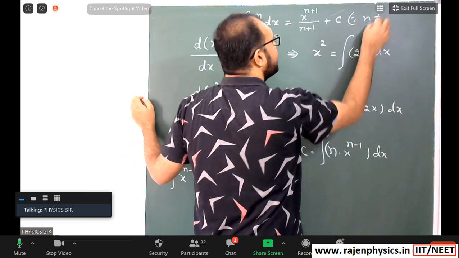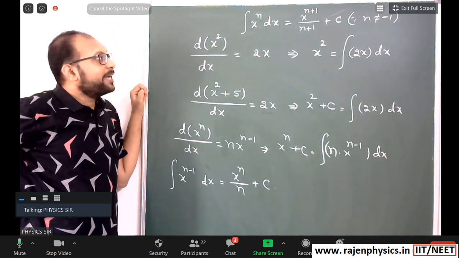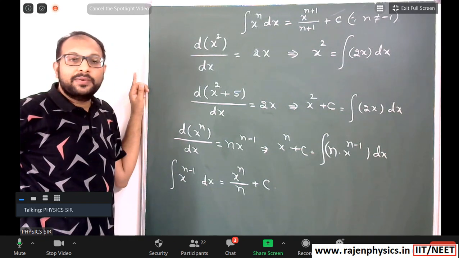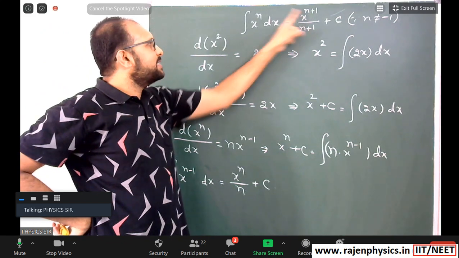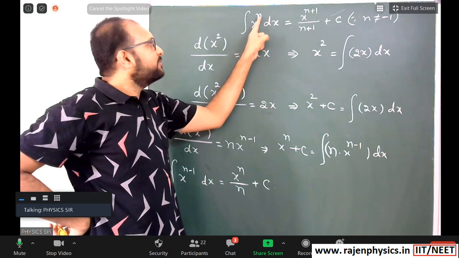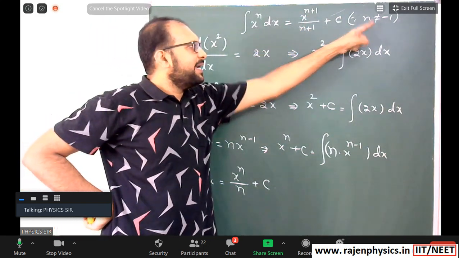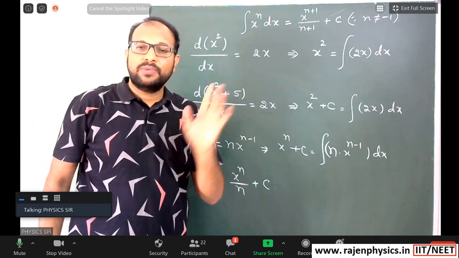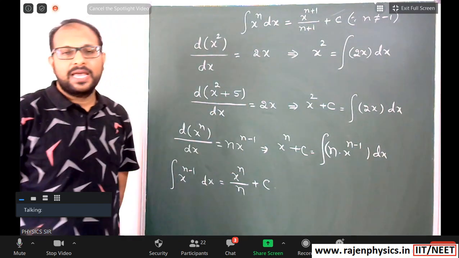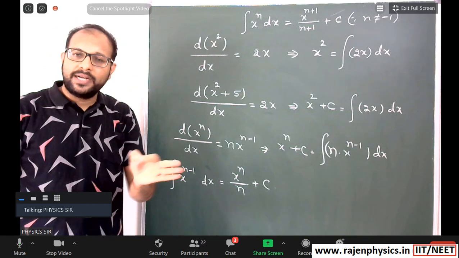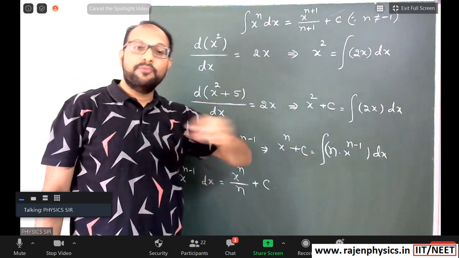Here n is not equal to minus 1. Students, this power is just plus 1 of the particular power: n plus 1 by n plus 1 plus c. Here n is not equal to minus 1. Suppose minus 1 plus 1, you will get an undefined value. That's why, except n equal to minus 1, for all remaining values this integration formula is valid.